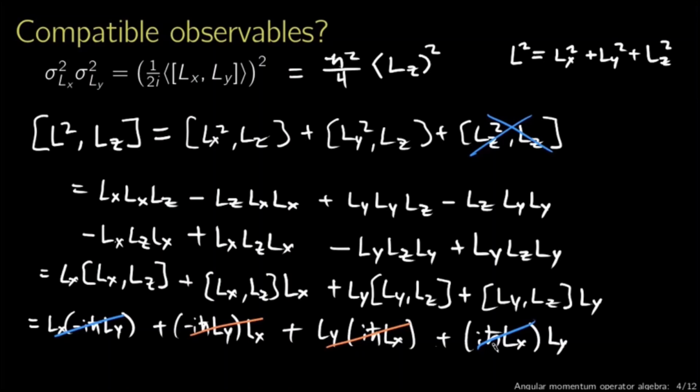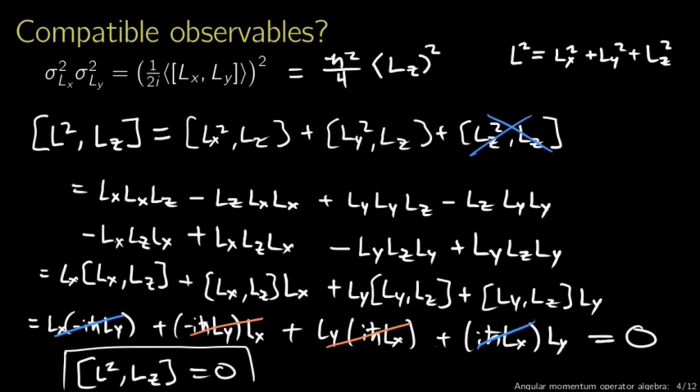So essentially what we're left with here, since everything is canceled, is 0, which means that L squared does commute with Lz. L squared commutator with Lz is equal to 0. This is the result that we'd hoped for.